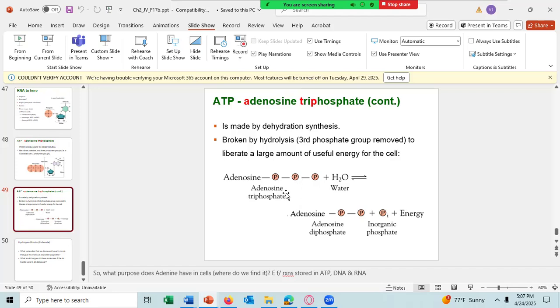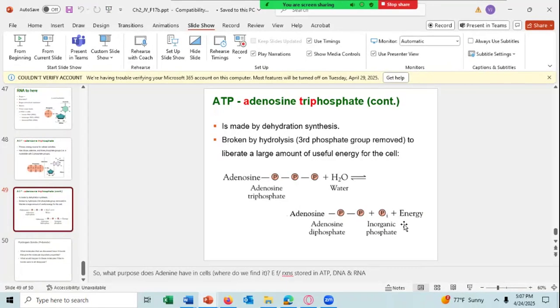And then you can break ATP by adding water, and that will break off this third phosphate group, releasing a lot of energy, which some of that energy can be used for the cell's need, and that will make ADP, adenosine diphosphate, break off the phosphate group and release the energy. All right. Any question about any of that?